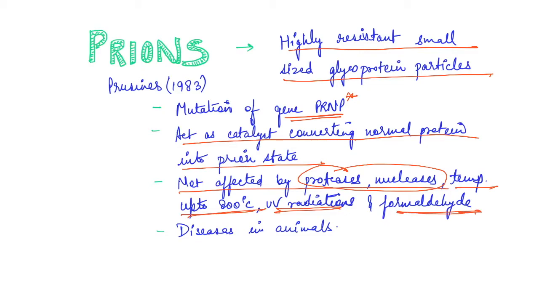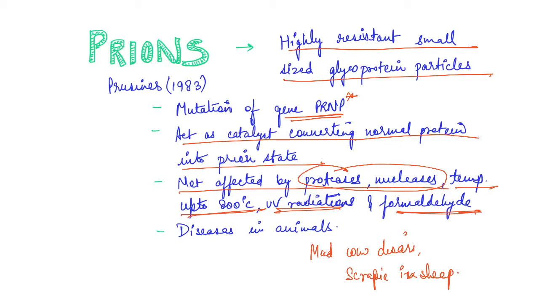And they cause disease in animals. So there are diseases like mad cow disease, scrapie in sheep. Okay, so they cause diseases like this.